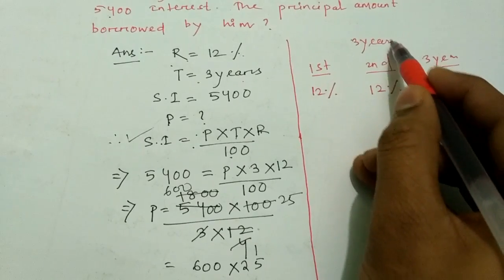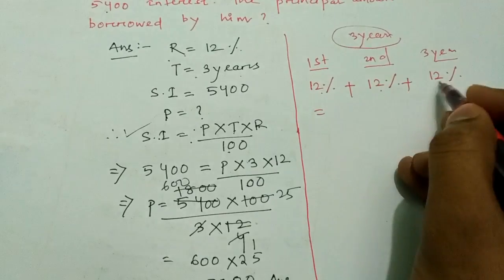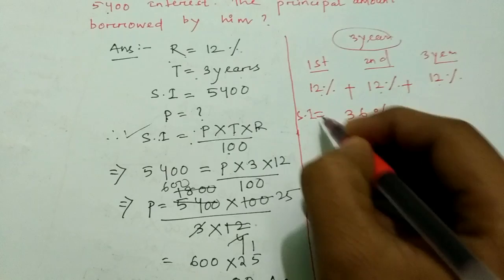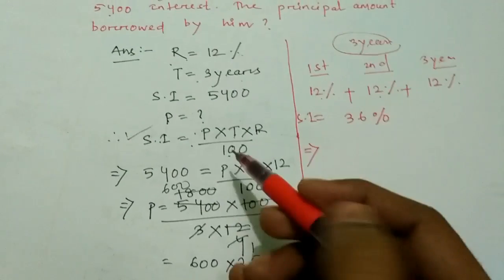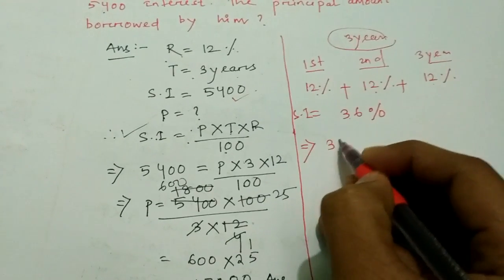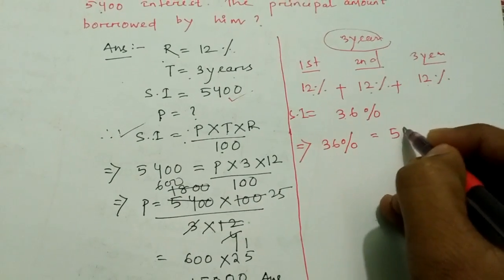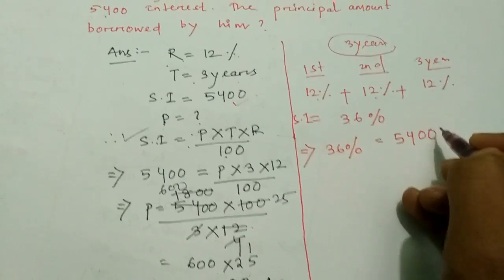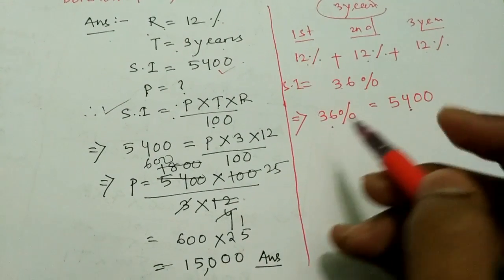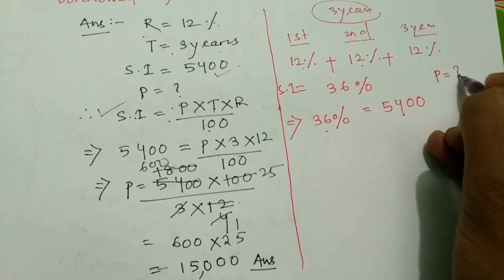So for the complete 3 years we have to pay 12 plus 12 plus 12, that is 36% interest. This is the simple interest, friend, and the simple interest is given as 5400. So we can put it like this: 36% is equal to 5400, but we have to find out the principal value.